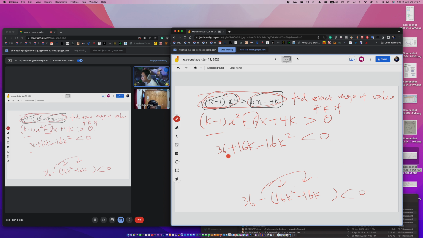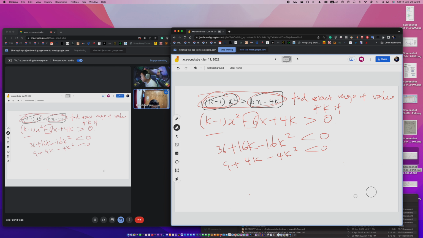So you divide by 4 to simplify, so it's 9 plus 4k minus 4k squared. What do you do next? Can you factorize this? Is there no way you can factorize this?